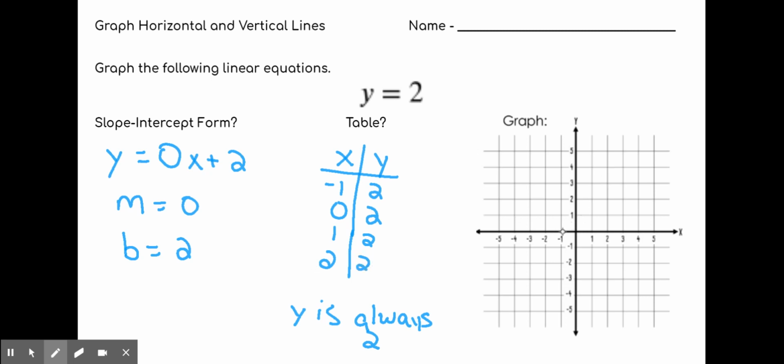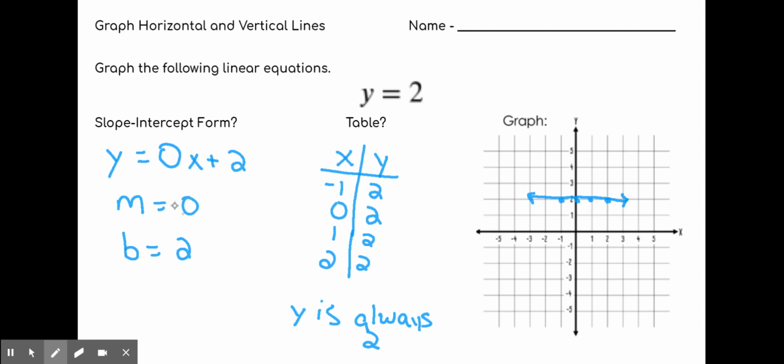Now let's graph and see what happens. So -1, 2 is here. 0, 2 is here. 1, 2, 2, 2. Okay, so let's draw a line through these points. That's not too terrible, is it? And what happens? I get a horizontal line. Is that what you guessed over here?